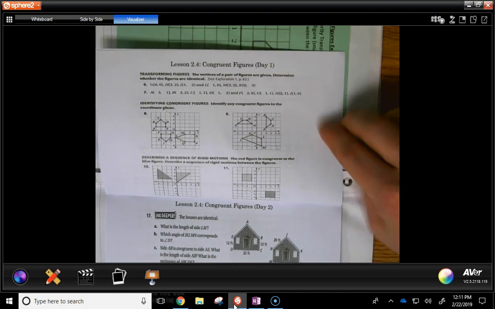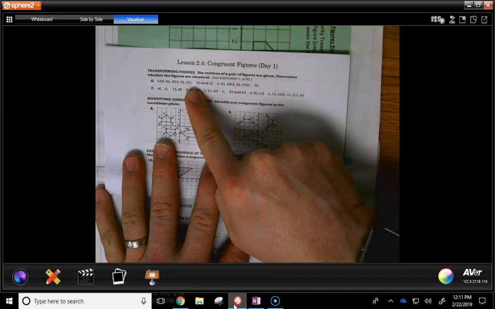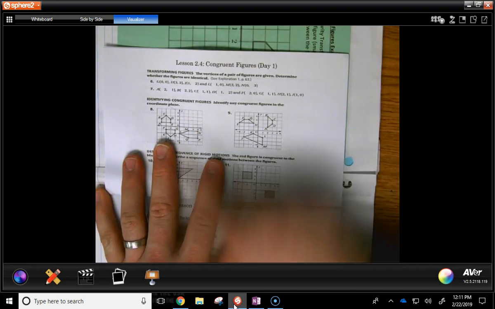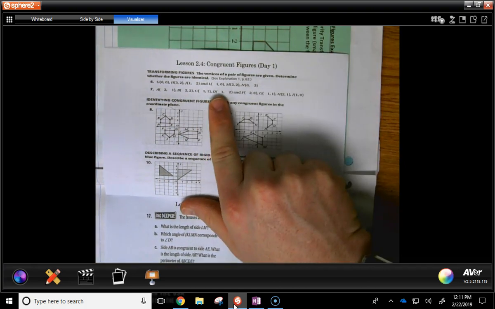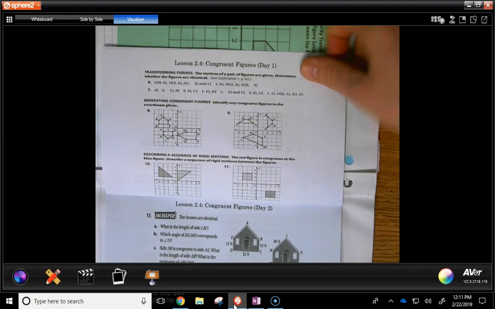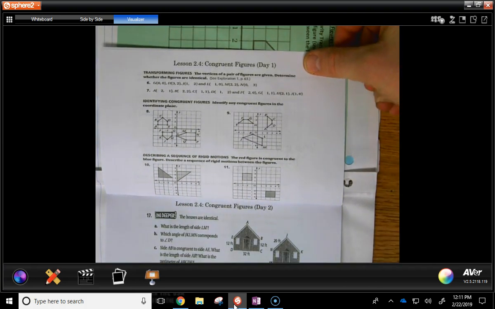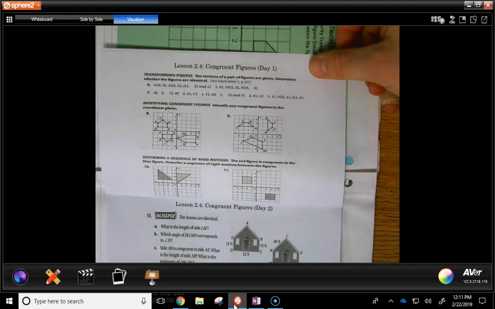On number 6 and 7, determine whether the figures are identical, meaning are they congruent. They're going to give you points. You have to tell me, are they congruent? Which means, did we do a transformation: a translation, a rotation, a reflection?